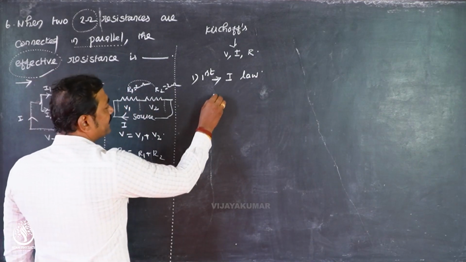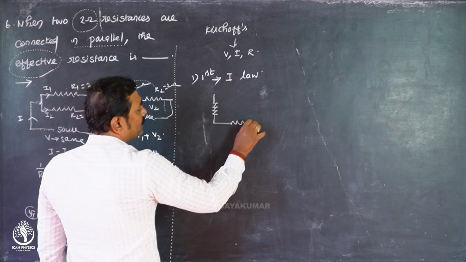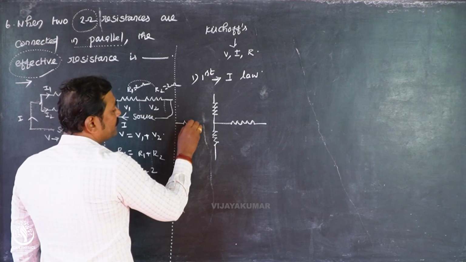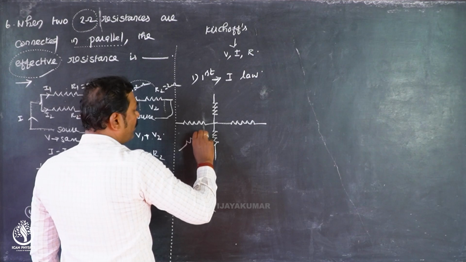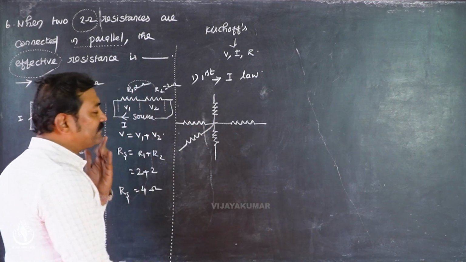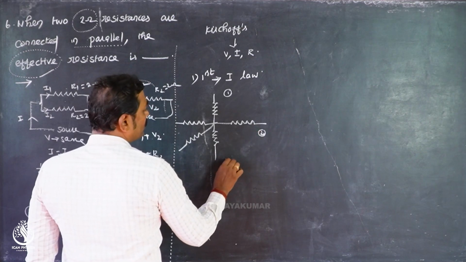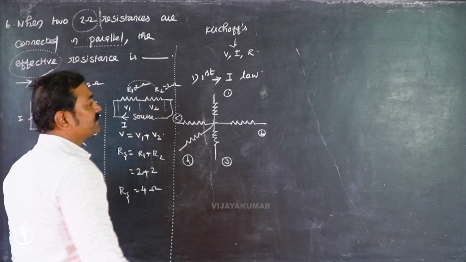So let us consider 1, 2, 3, 4, 5 arms. So five arms.